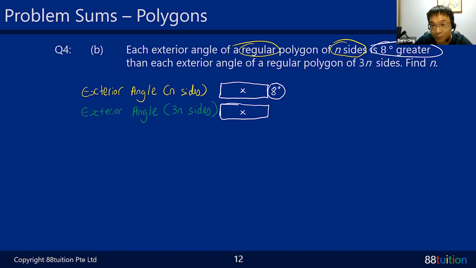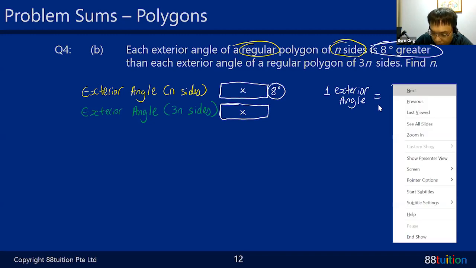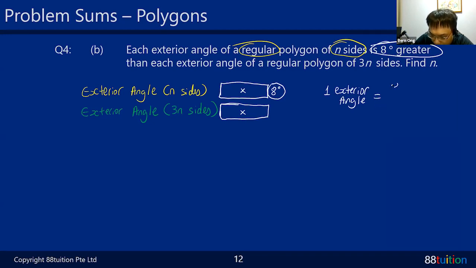How to find it? If I want to use my best friend, BFS, to help me find one exterior angle, what do I do? All the exterior angles add up to 360 degrees, correct?